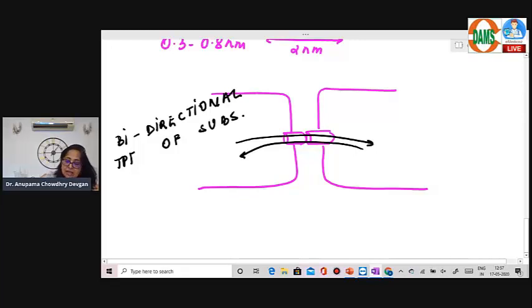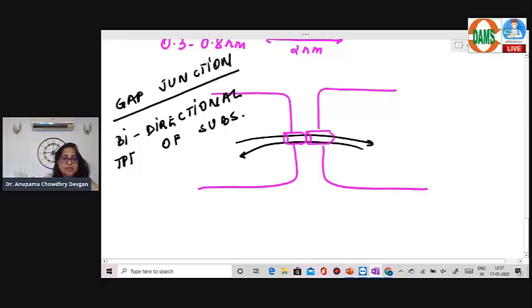This forms what is known as a gap junction. Gap junctions are formed of connexins, and they allow bidirectional transport of substances up to 1,000 daltons from one cell to the other.